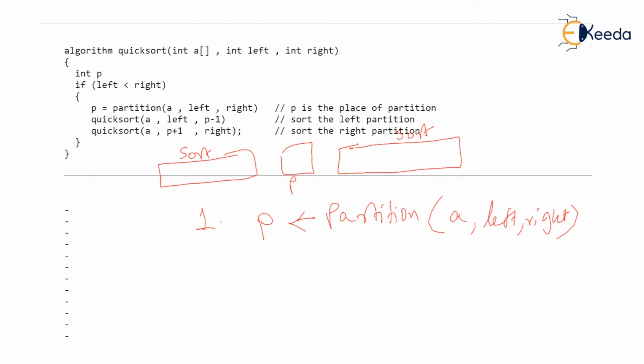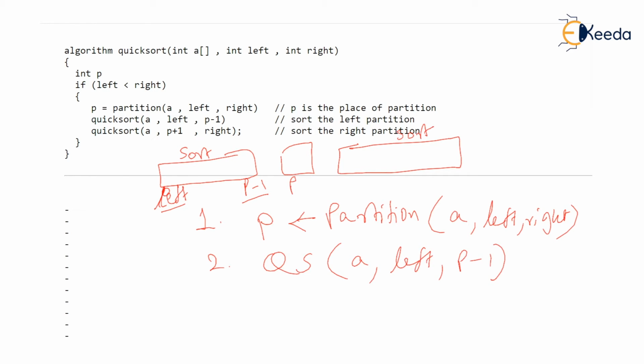But what is the extent of the left part? Now, don't say that the extent of the left part is 0 to p minus 1. Don't say that, because it won't compulsorily be from 0 to p minus 1. You recall that we have labeled this left end as left. So the left part will be from left to p minus 1. So we recursively call quicksort for the array A from left to p minus 1.